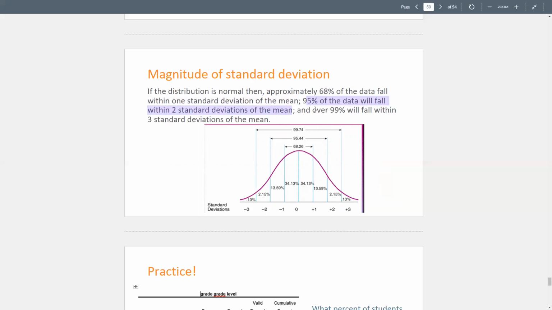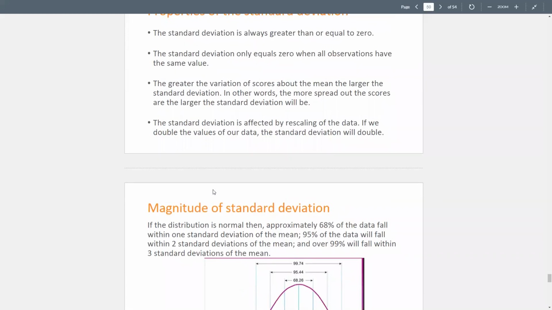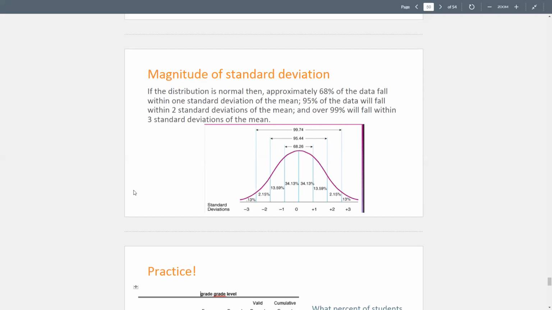And a little over 99% of data will fall within 3 standard deviations of the mean. So it's very rare, if the data are normally distributed, to have individual cases that are more than 3 standard deviations greater than the mean. Those are just some nice properties of standard deviations. That's why they're very useful for describing distributions, especially when the data are normally distributed.